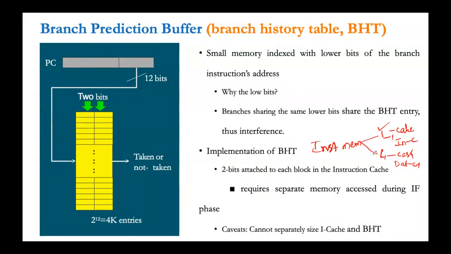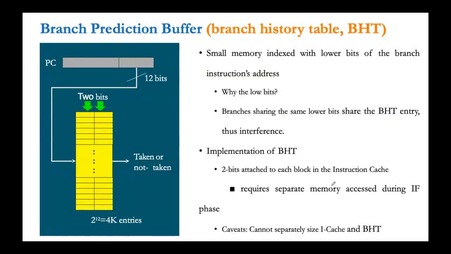In this instruction fetching stage, that requires a separate memory which is accessed during this instruction phase. From that instruction cache, we use another small buffer to implement this branch history table. So the caveat here is that you cannot separately size the I cache and your branch history table. They go together only.